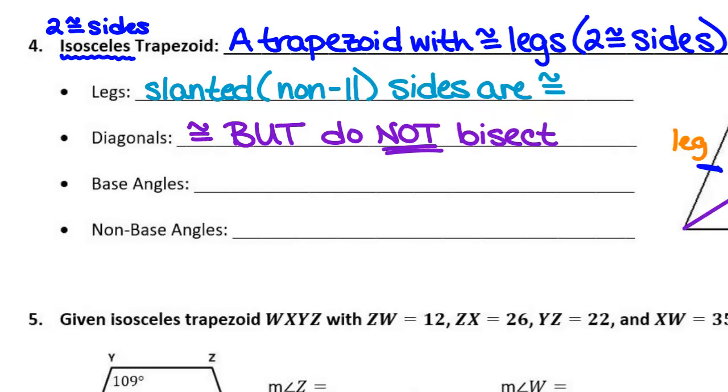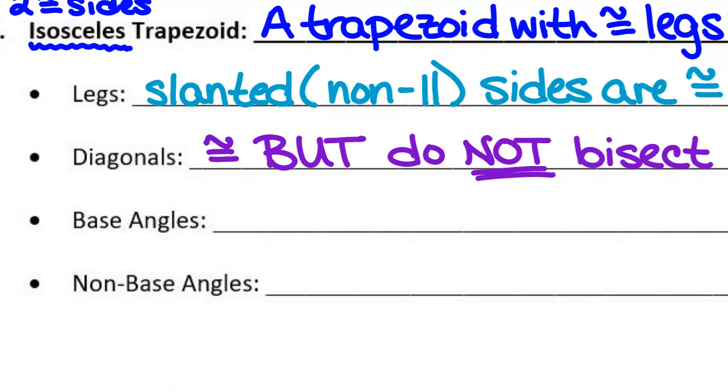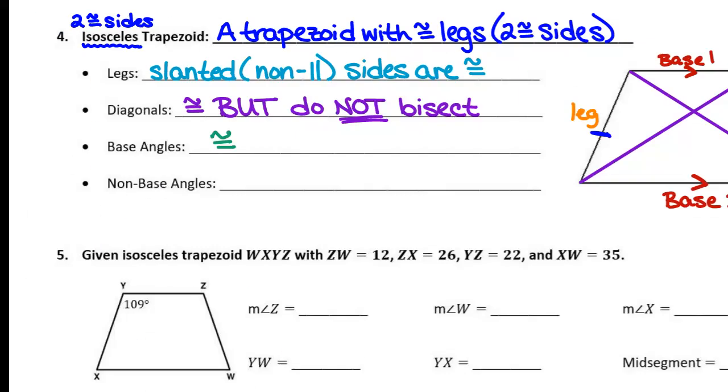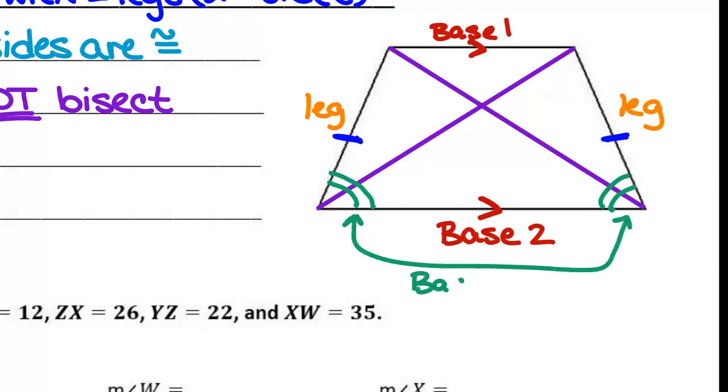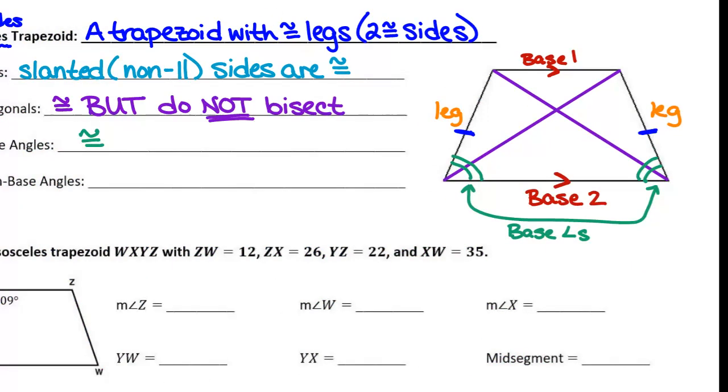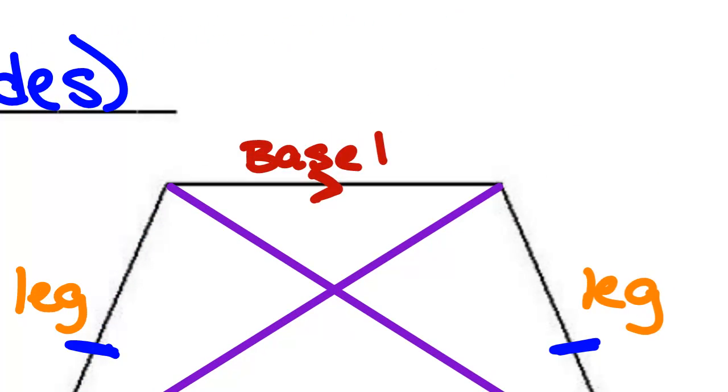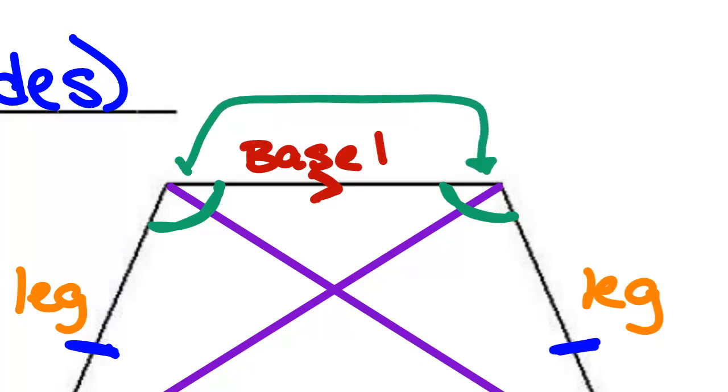The base angles are congruent. So these 2 angles down here would be considered base angles because they are both touching the base. How many bases do we have on this trapezoid though? We have 2 bases. So these 2 angles up here that both touch base number 1 are also considered base angles.